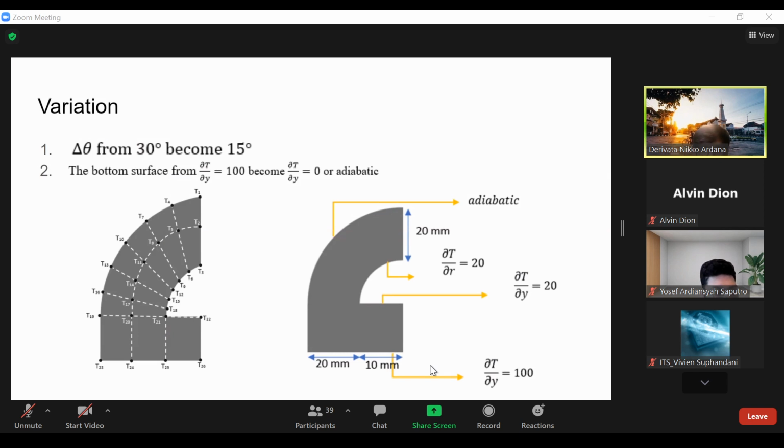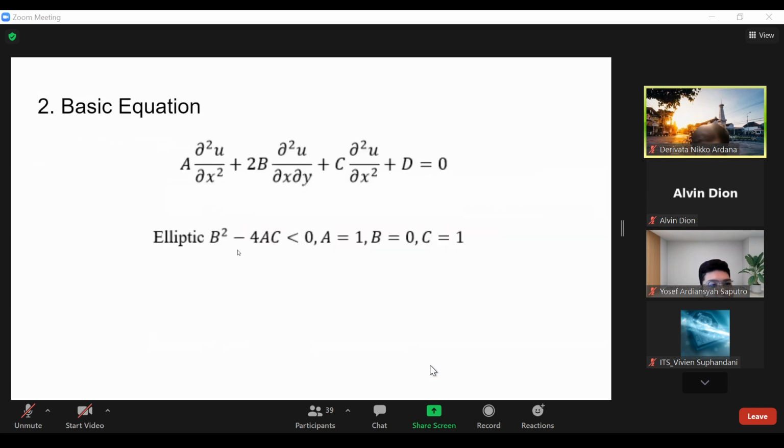The picture from variation 1 is the left one, and the second is the right one. This is the basic equation and the elliptic from ABC.